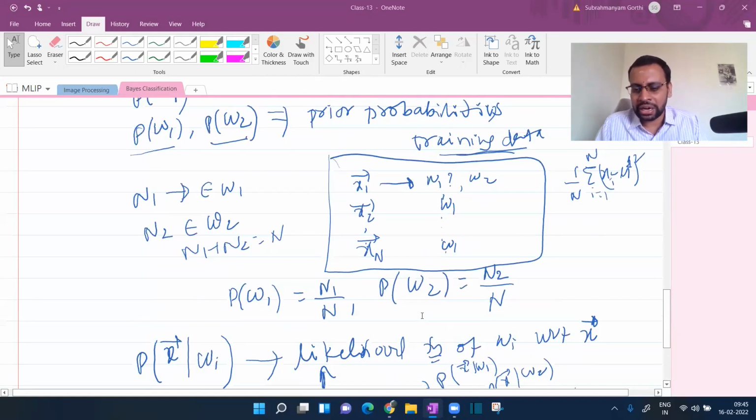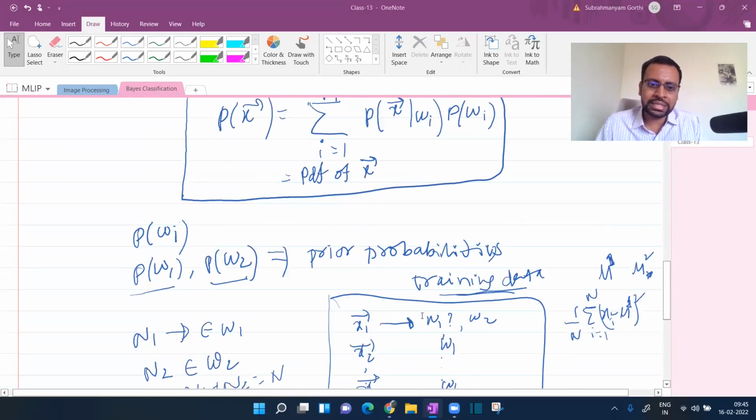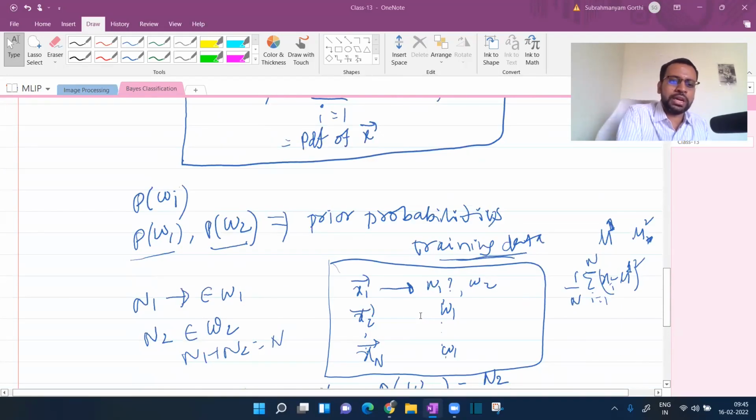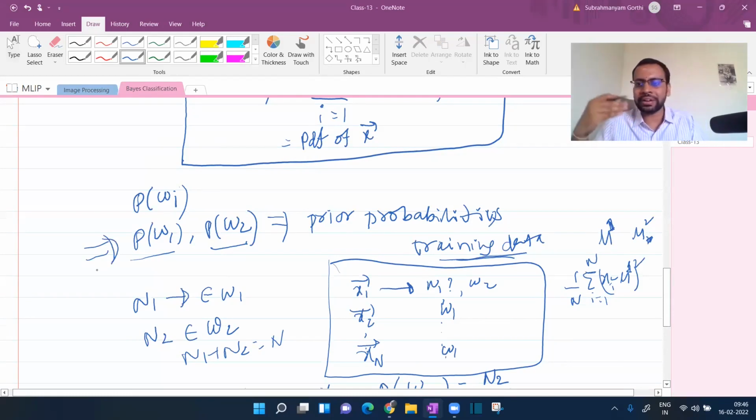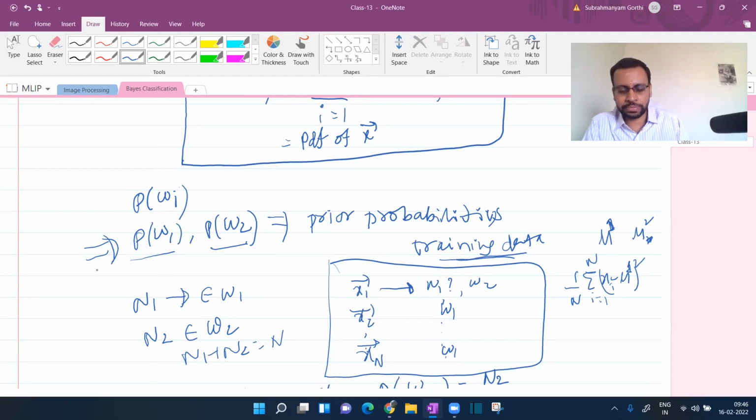You are right. Then what needs to be done is you need to compute P(omega 1) and P(omega 2) in a different way. This doesn't work out. I have just taken a case. For most of our course, a given sample can belong to one of the classes, not to multiple classes.